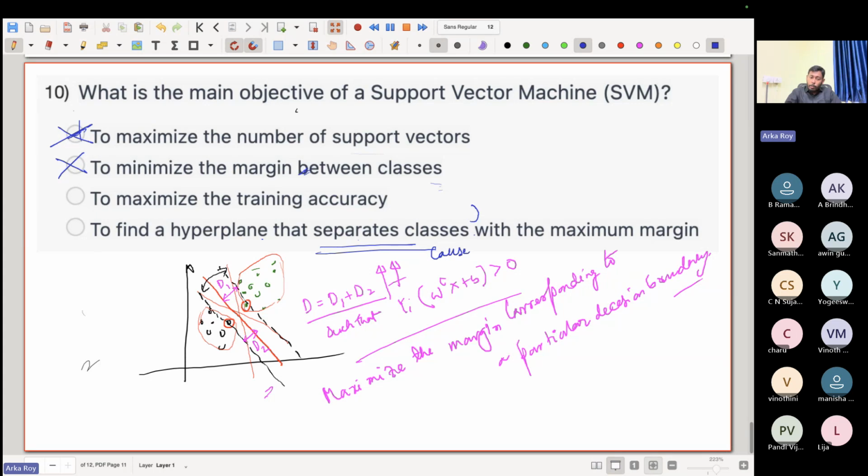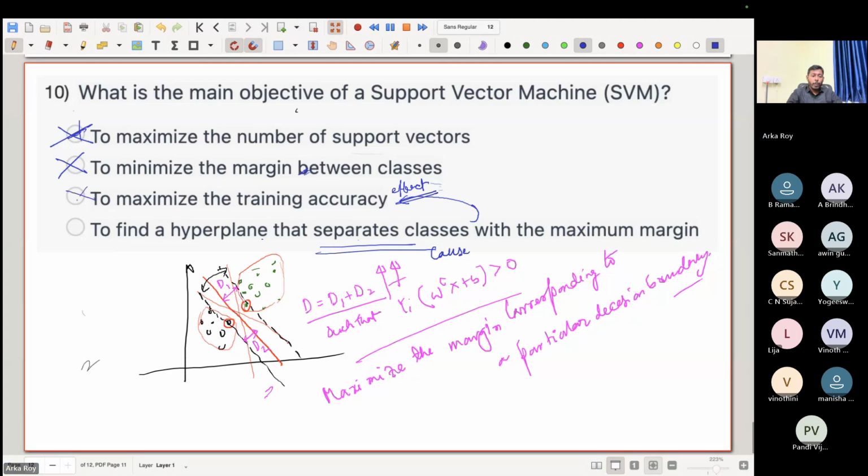If you are able to find that particular line which gives you maximum margin, obviously you will get the condition of maximizing the training accuracy. So this is the cause and that is the effect, which means the effect cannot be the correct answer.